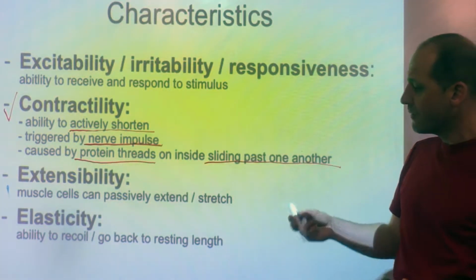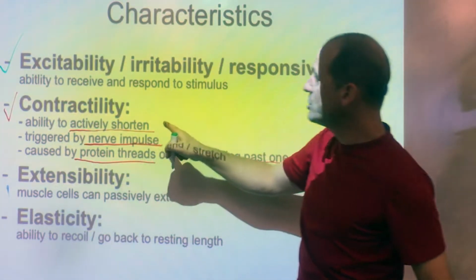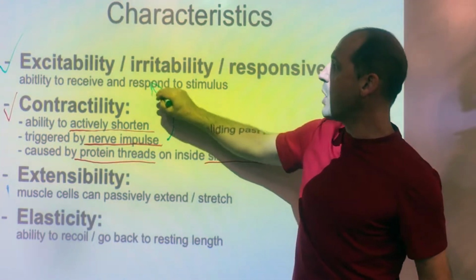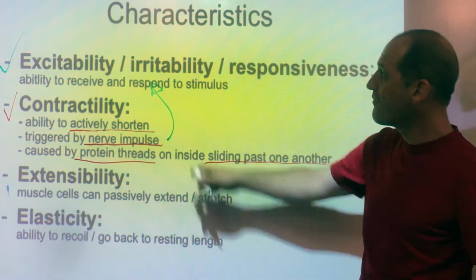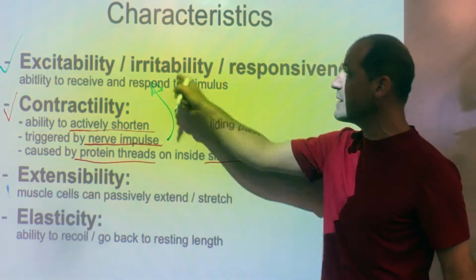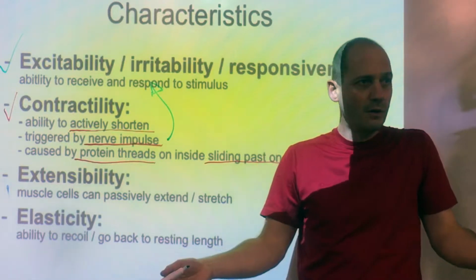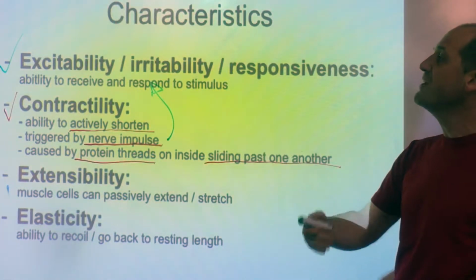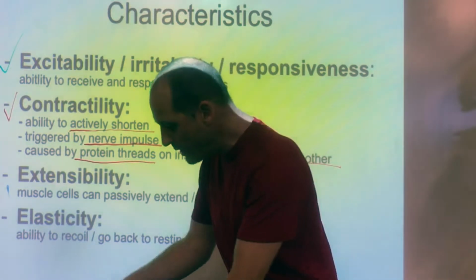In order for that to happen, we already said a nerve needs to be impulsing it, so it needs to be itself excitable, or another word is irritable, or responsive. Because if a nerve stimulates it and nothing happens, it's not excitable. So the muscle tissue itself needs to be irritable or responsive.